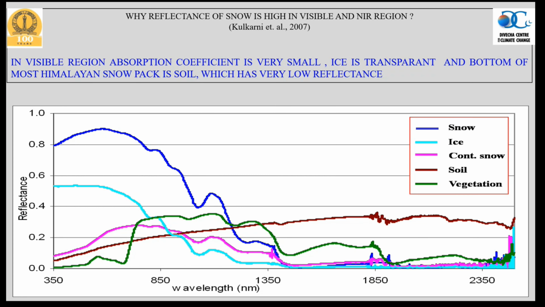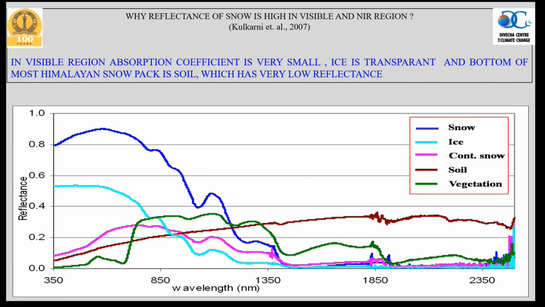This is between 300 to 750, 850 nanometers, which covers blue, green, red and the near infrared band, which has very high reflectance.